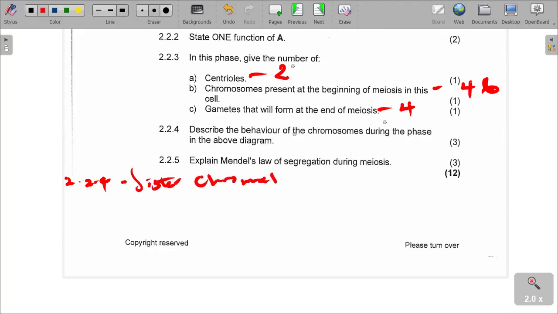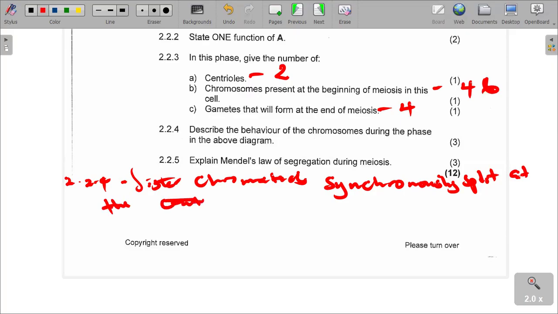They together split, synchronously splitting at the centromere.